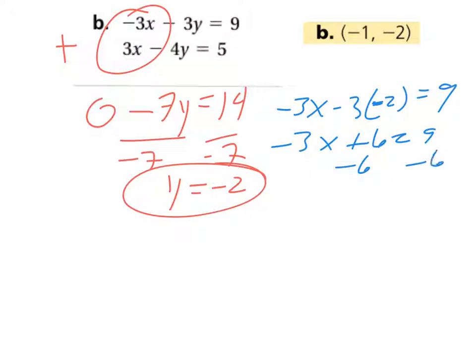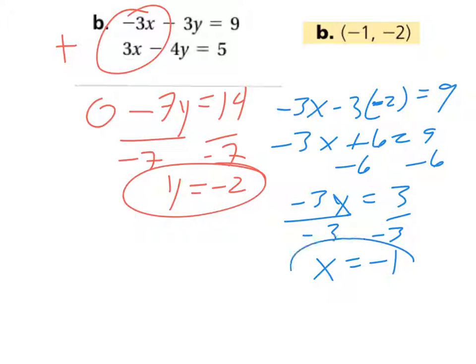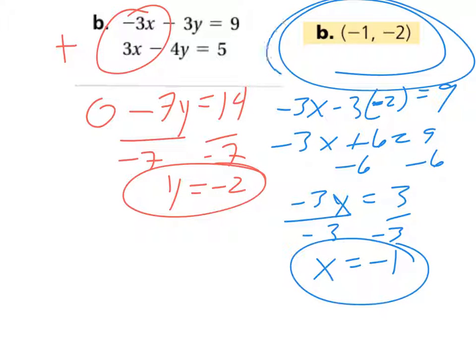Subtract 6. Negative 3x equals 3, there we go. Divide the negative 3, and x is negative 1. So my point becomes (-1, -2). This is the solution for this set of equations.